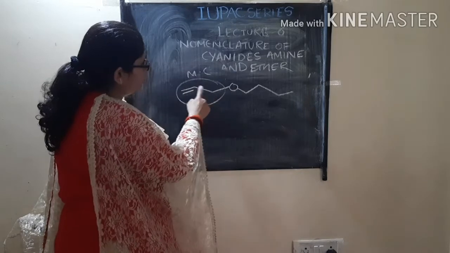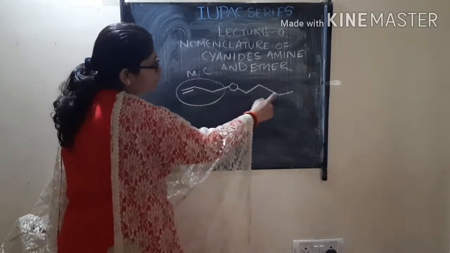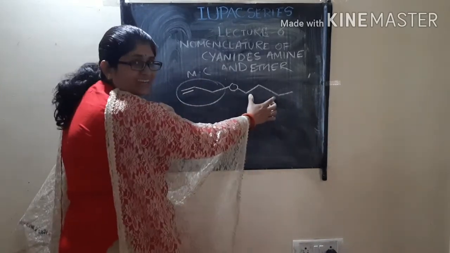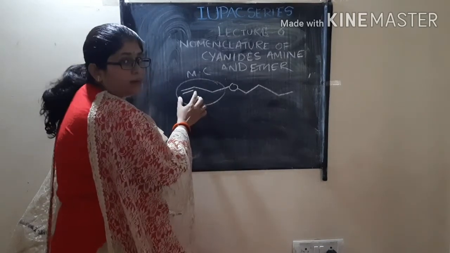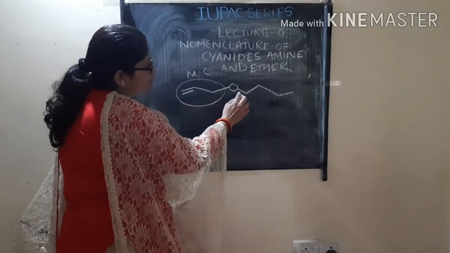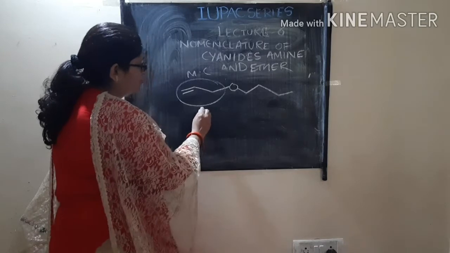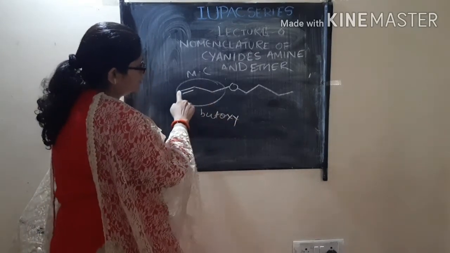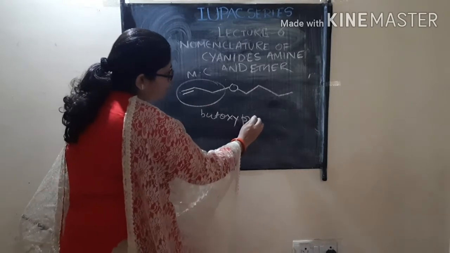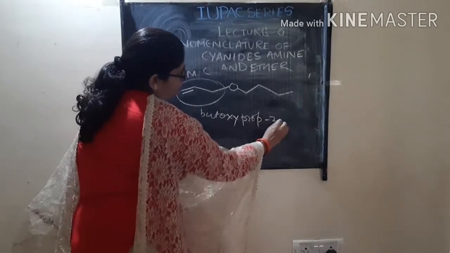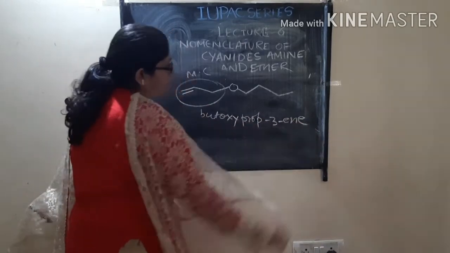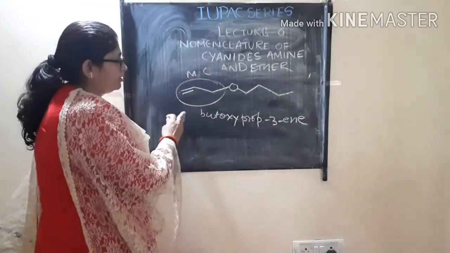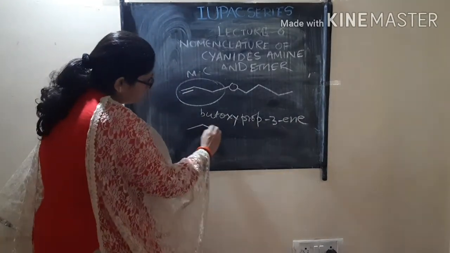How many carbon? 1, 2, 3. Here how many? 1, 2, 3, 4. Now it has the larger chain, but it has the double bond. So it will be 1, 2, 3, 4, butoxy, 1, 2, 3, prop 3 ene. I hope this is clear to you. Let me take one more example.